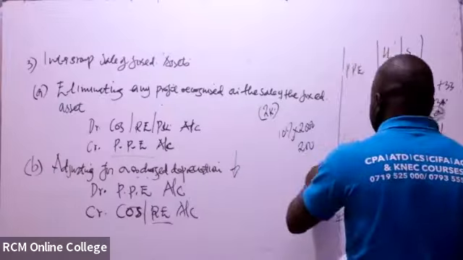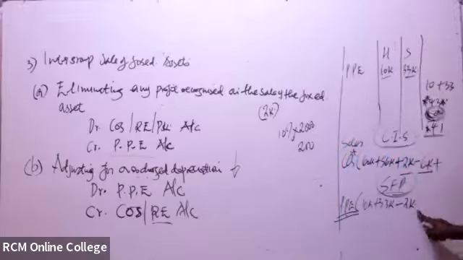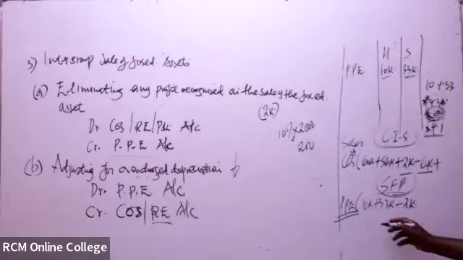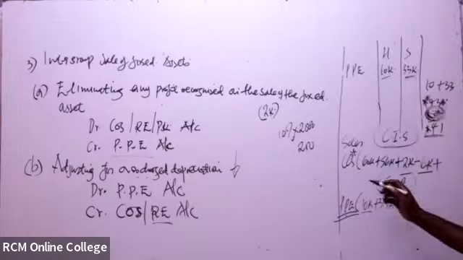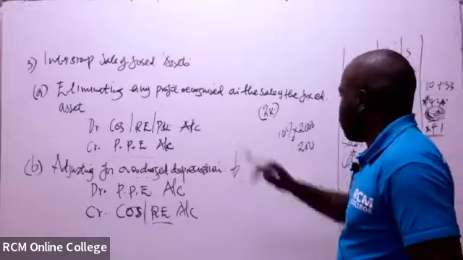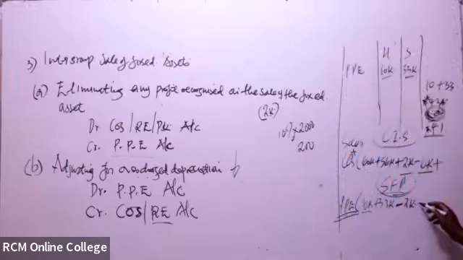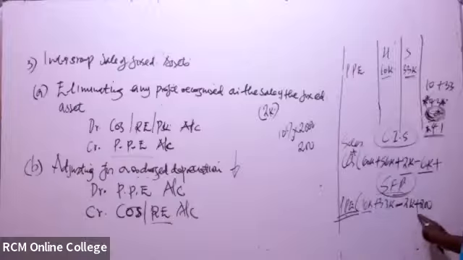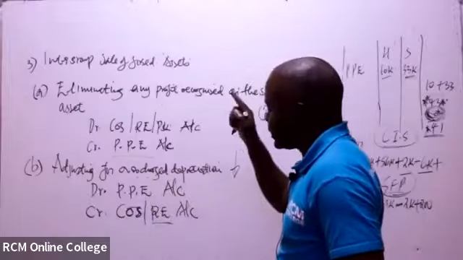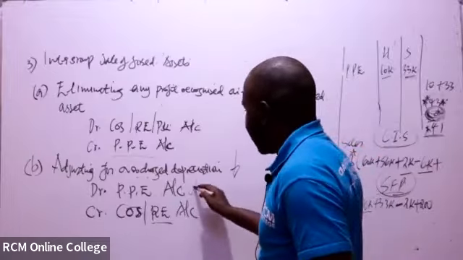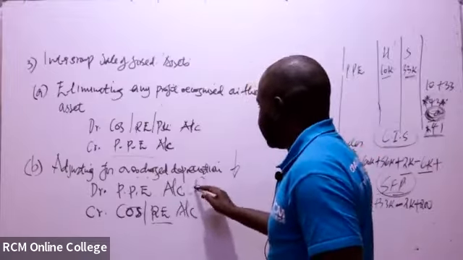We return the 200. So when we are consolidating, we'll be saying 10K plus 33K minus this particular profit recognized. But now we are also correcting the overcharge of 200, so we'll be adding it. Because if you are debiting the property, plant and equipment account, it means you are increasing it, so we'll be adding.